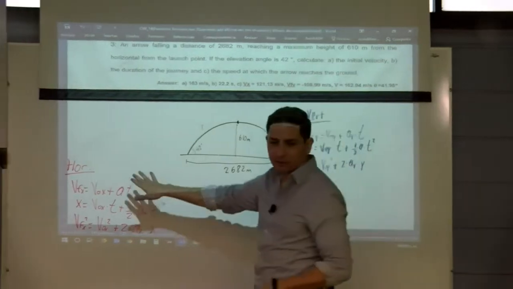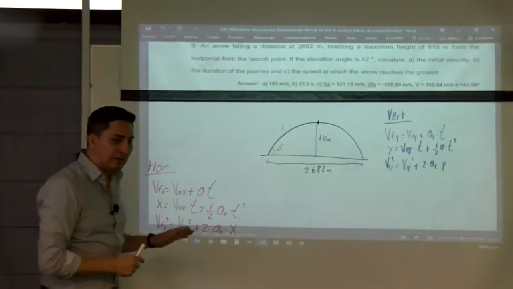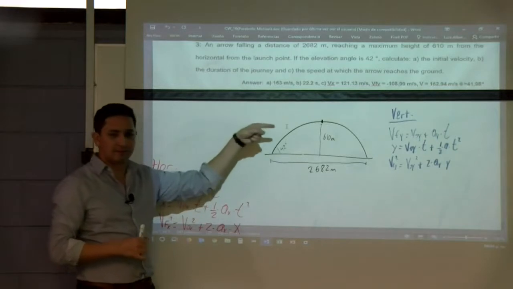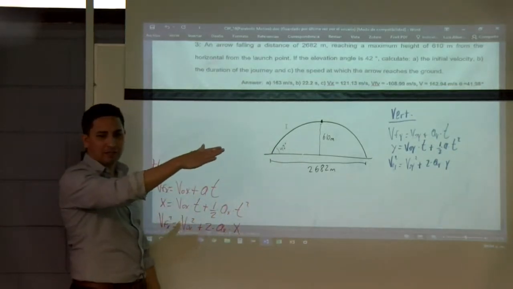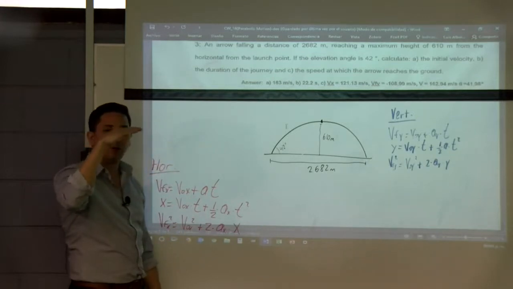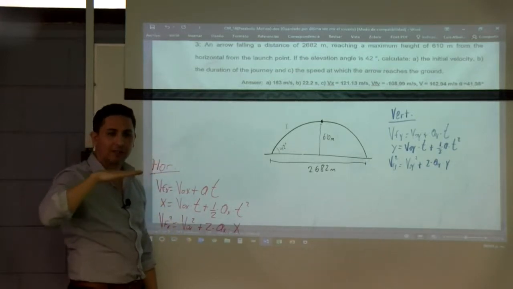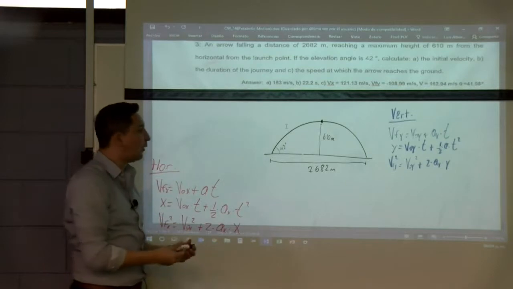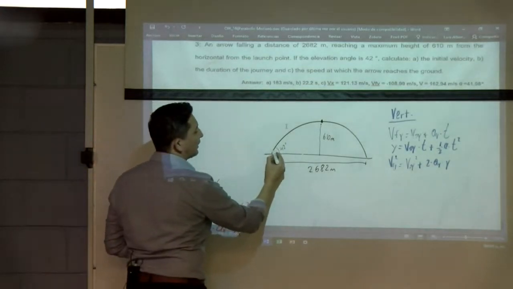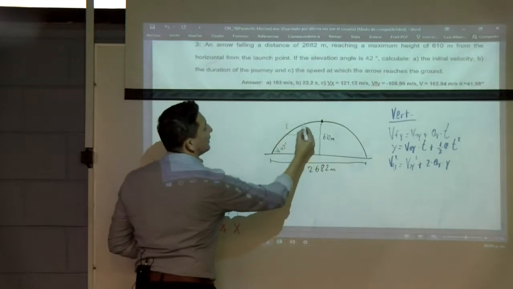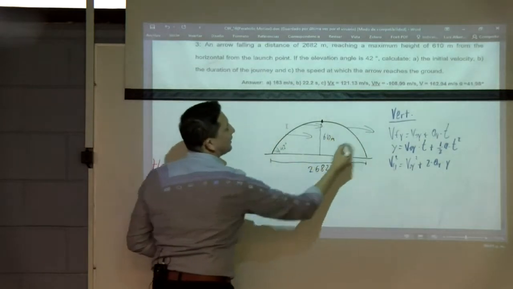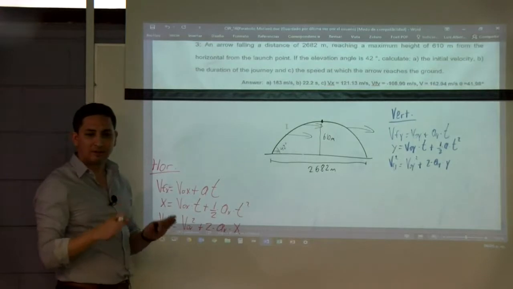Something important that will be very good for you to solve these kind of problems is that in the horizontal plane, the velocity that you use when you throw an object like this will always be the same. If you measure the velocity in the x-axis here, or here, or here, or here, it will always be the same.